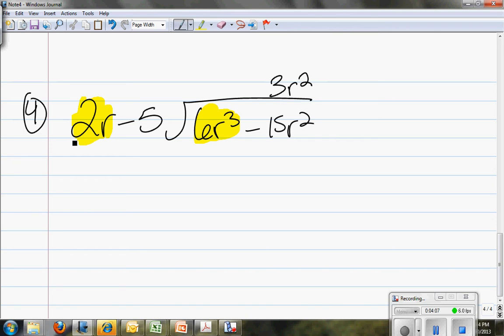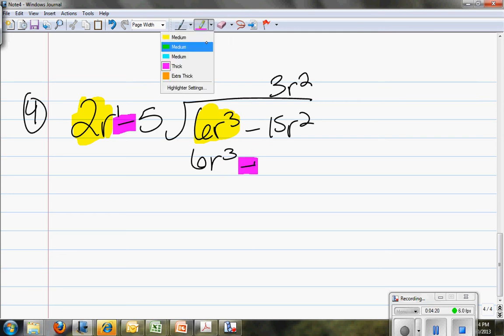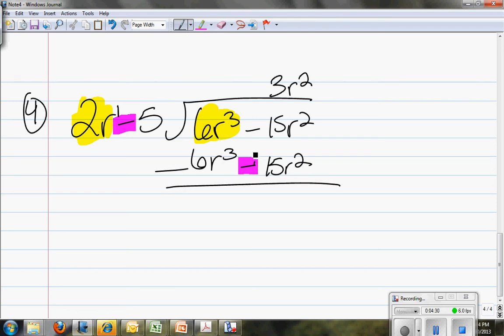So then if we multiply out, 3 times 2, 6, r times, remember this is like an r to the 1, r cubed, minus, I'm just carrying down my minus. So 3r squared times 5 is 15r squared. Luckily, again, they're the same. They cancel out. Final answer.